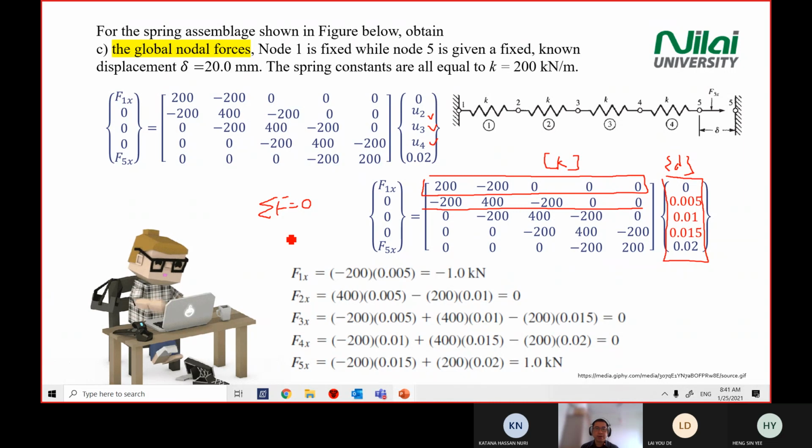This is how you check whether your calculation is correct or not. So in the final exam or in your test later on, do your own self-check before you submit your answer. Make sure all the forces inside your spring system sum to 0. If the forces are not balanced, something is wrong in your calculation.